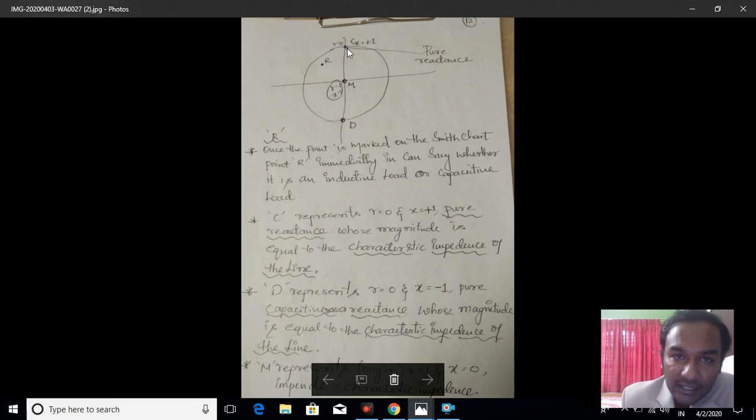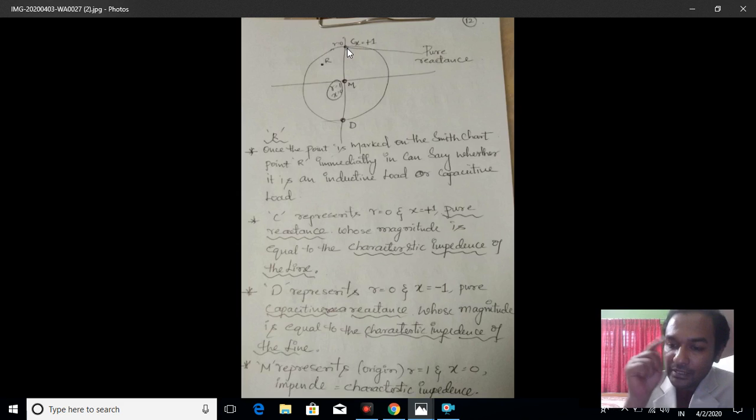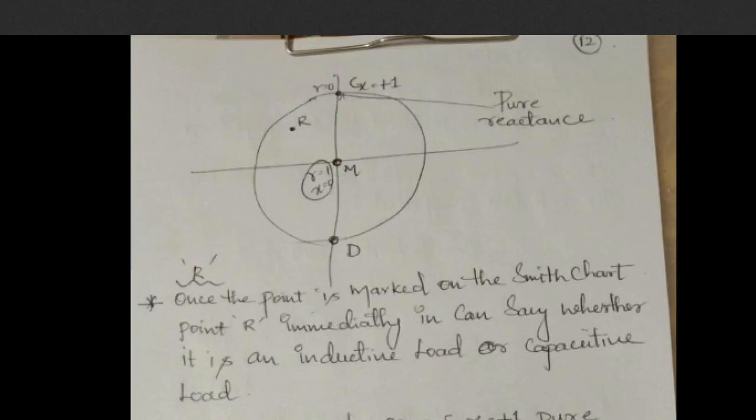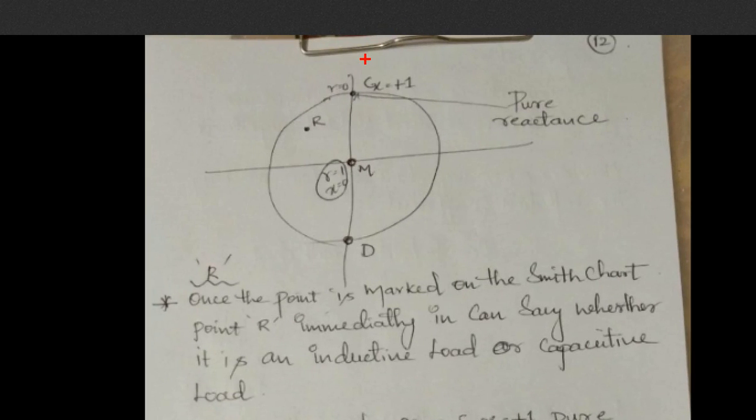Now we'll see what C is representing. You know that the upper half of the circle will represent x equal to a positive value. Suppose x is equal to plus 1. It's a pure reactance. We say that any point on the circumference of the circle represents a purely reactive point. Here x is equal to 1 and r is equal to 0 because it is on the axis.